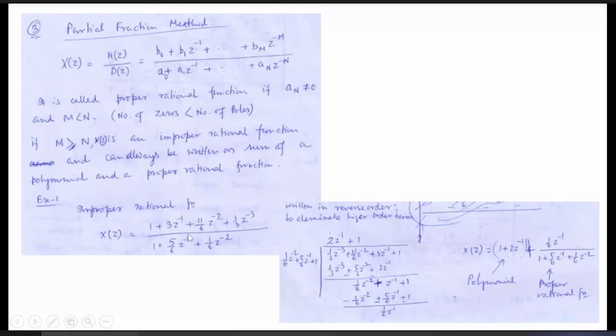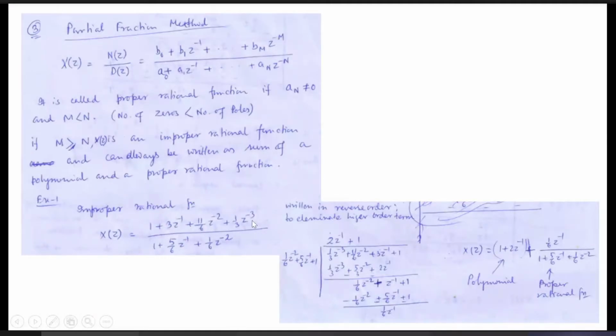In the numerator, the expression is 1 plus 3z inverse plus 11 by 6 z to the power minus 2 plus 1 by 3 z to the power minus 3. The denominator is 1 plus 5 by 6 z inverse plus 1 by 6 z to the power minus 2.